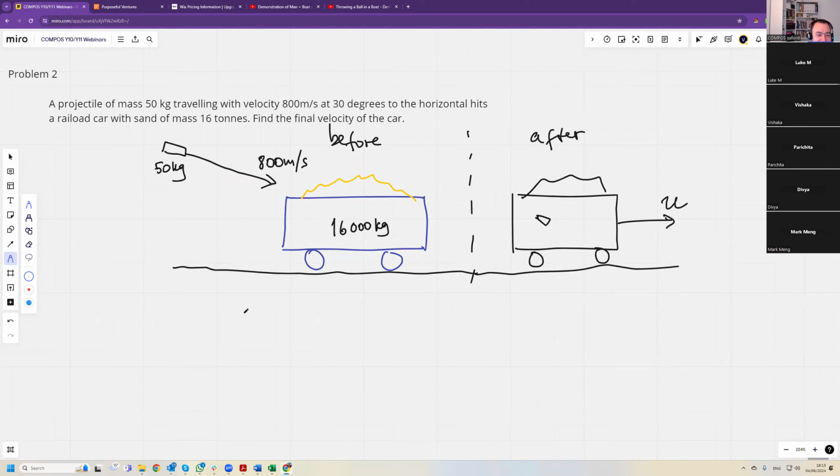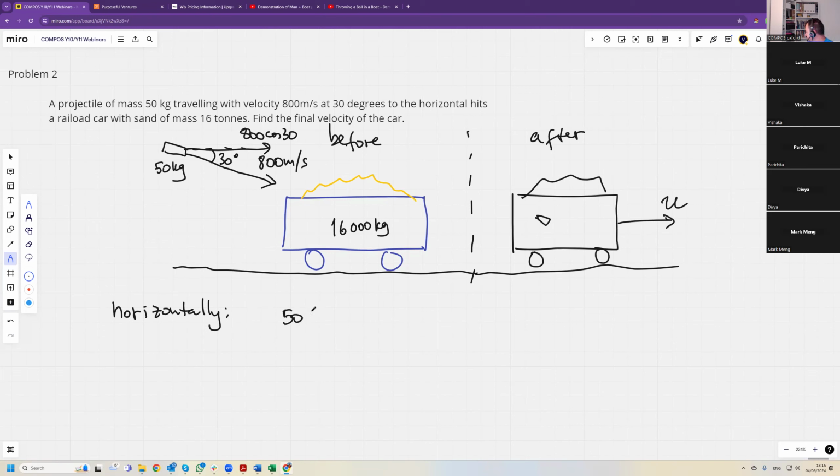Okay, so we have 30 degrees. So the total momentum. We can only consider horizontal momentum. Horizontally, this is going to be 800 cos 30. So 50 kilograms.